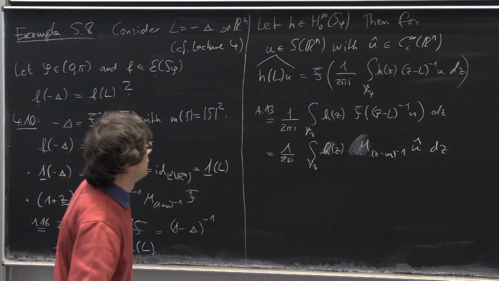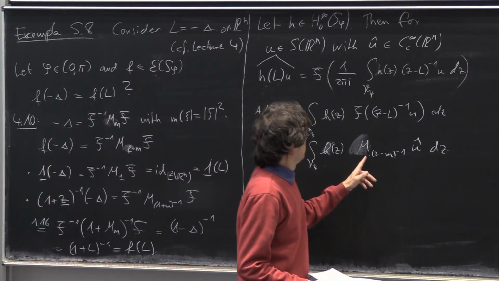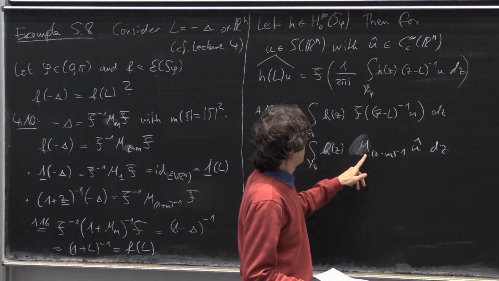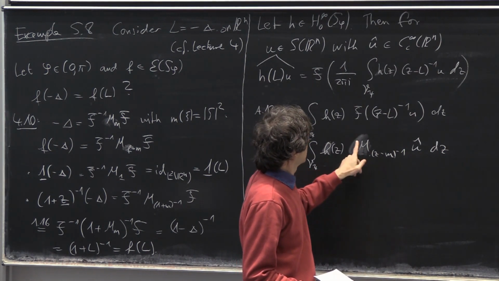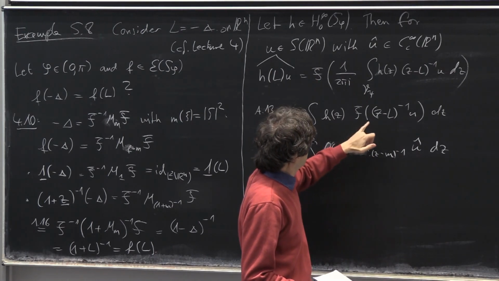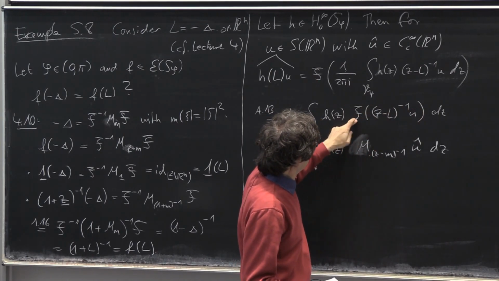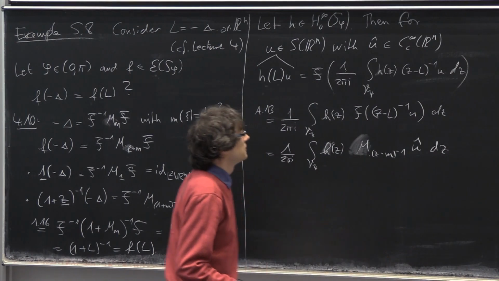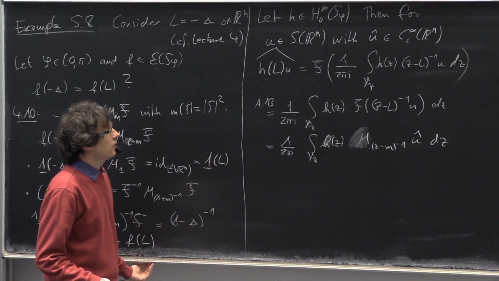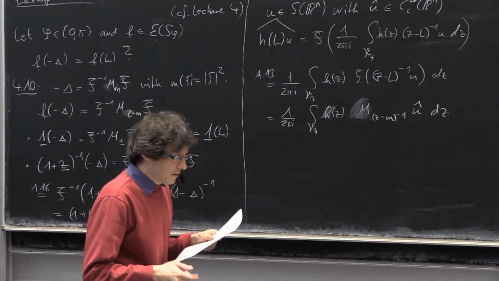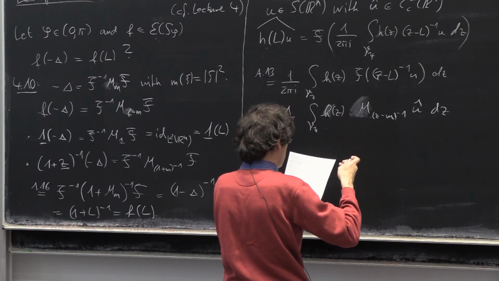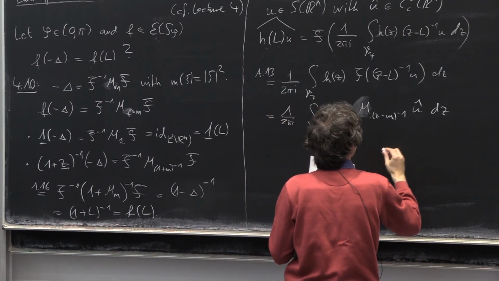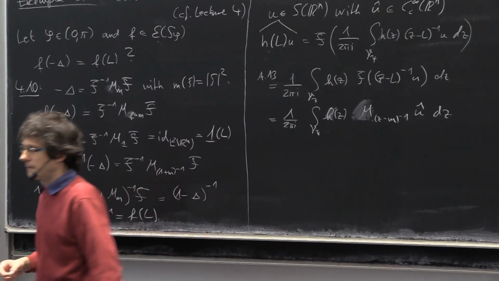Because Fourier inverse of m u hat gives you exactly this, and so if you apply Fourier here, you get that. Okay, so this is now an equality in L2 of R^n.